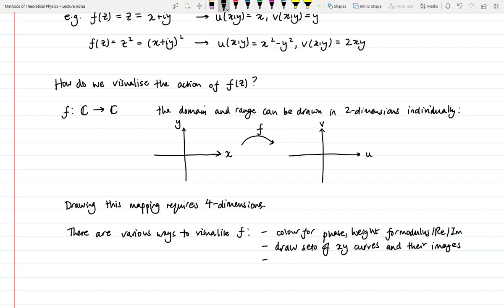Lastly, you could also consider drawing 3D plots for the multivariable functions u and v, as we did at the beginning of this set of notes.